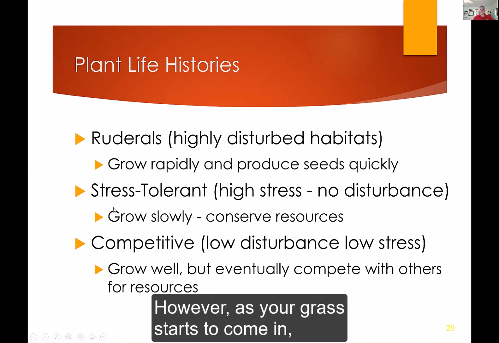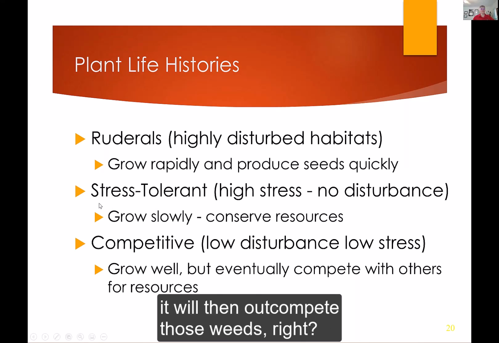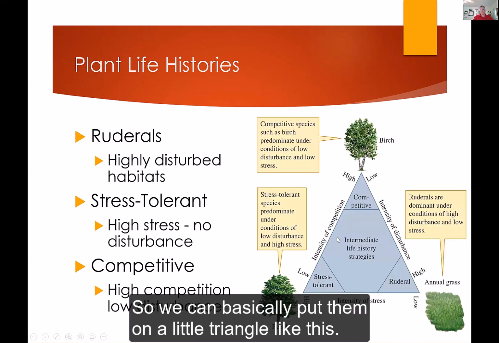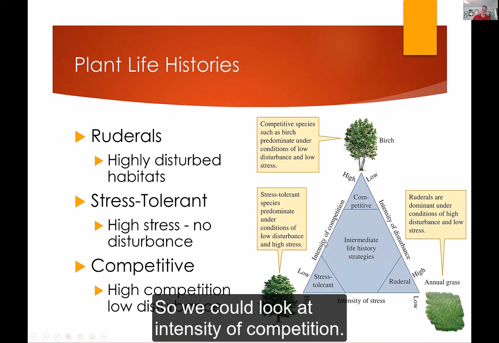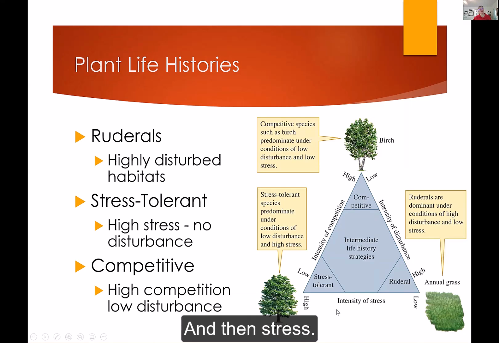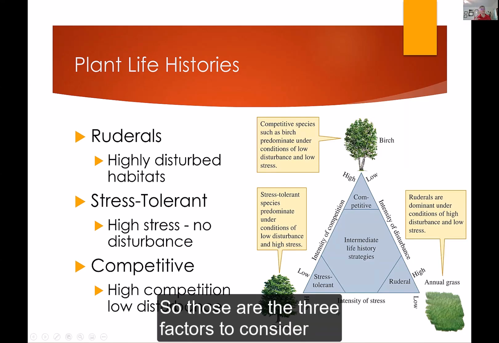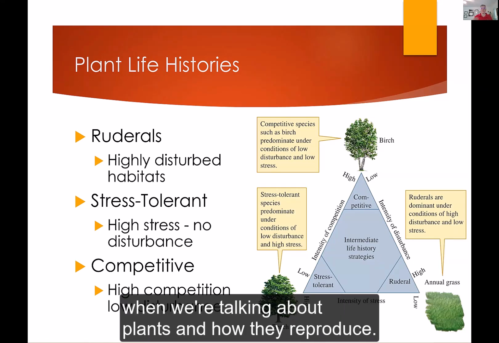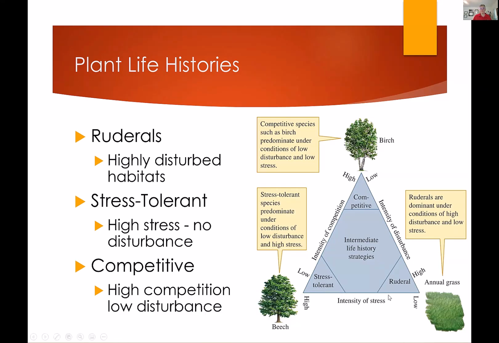However, as your grass starts to come in, it will then outcompete those weeds, right? So we can put them on a little triangle like this. We can look at intensity of competition, we can look at disturbance, and then stress. Those are the 3 factors to consider when we're talking about plants and how they reproduce.